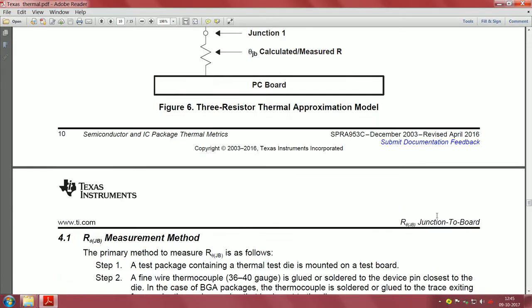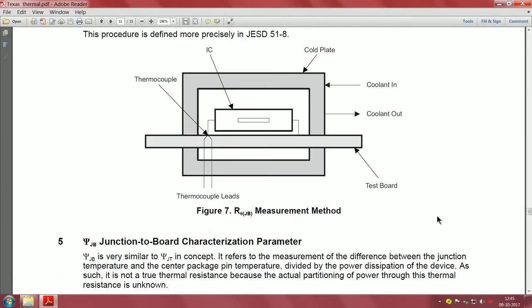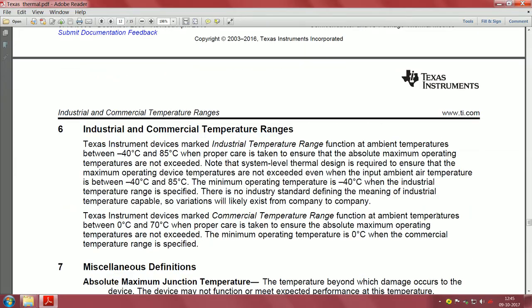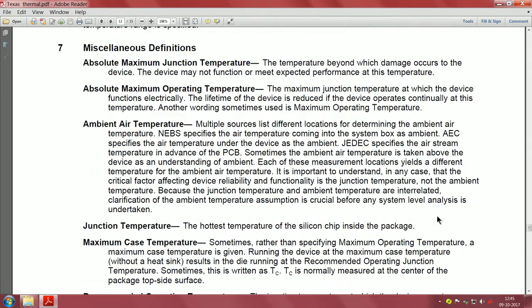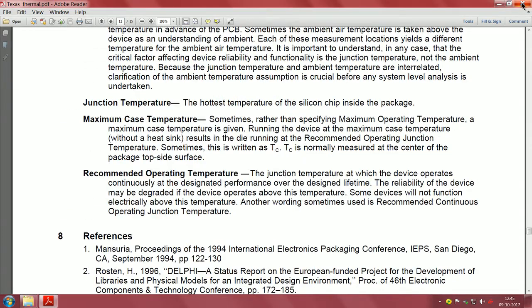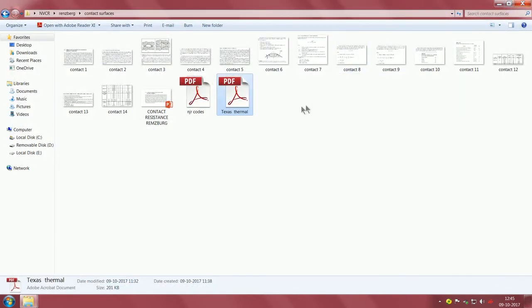That now has to be mounted on a heat sink or onto the PCB. So, if you go down, we have more and more complicated things. I suggest you read them yourself.